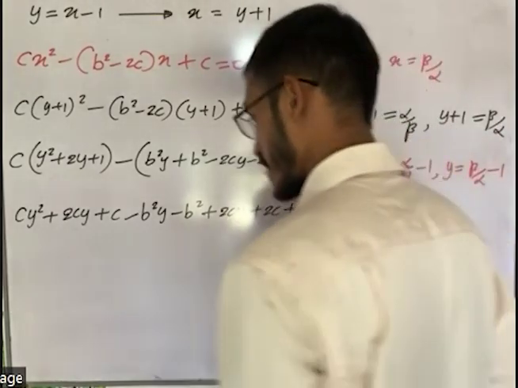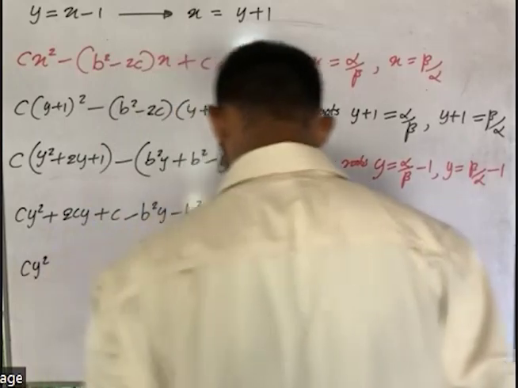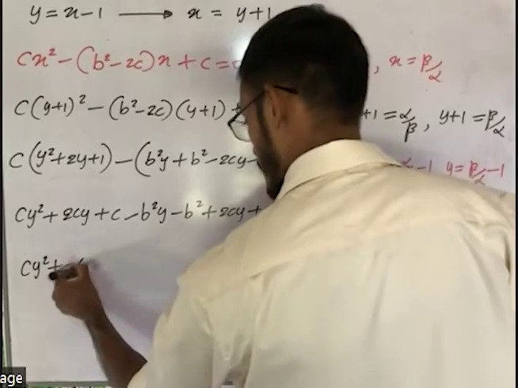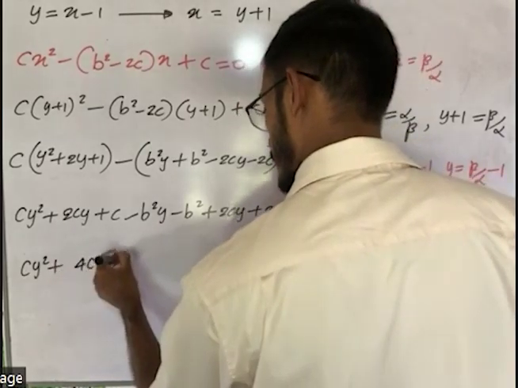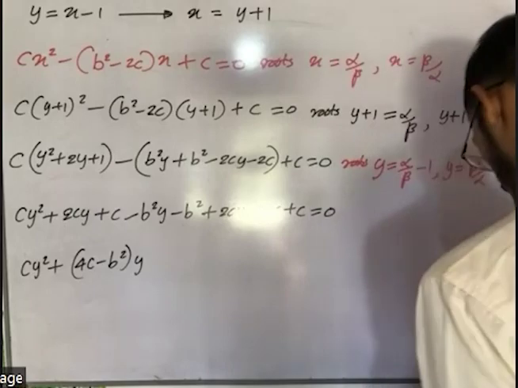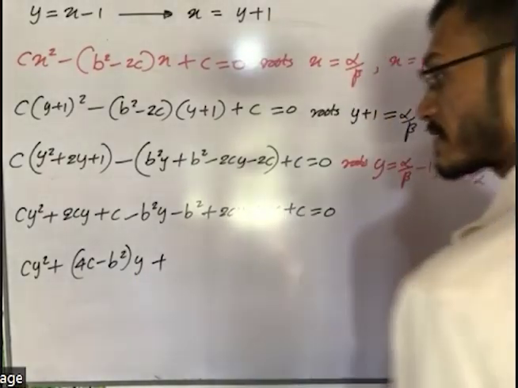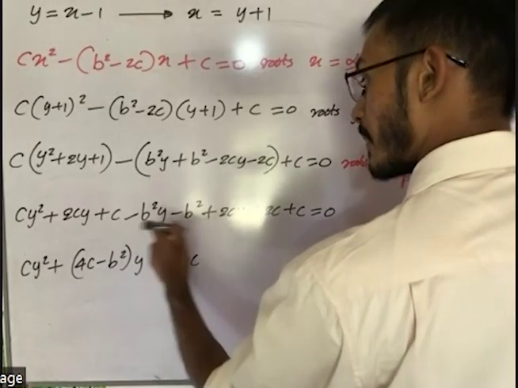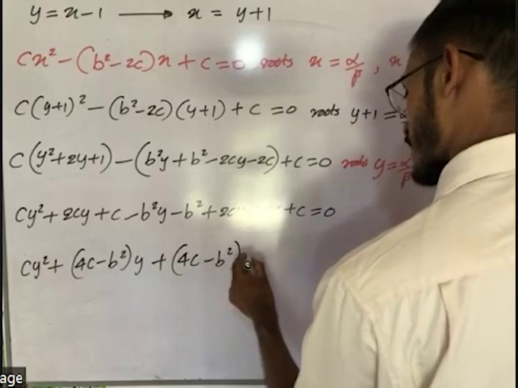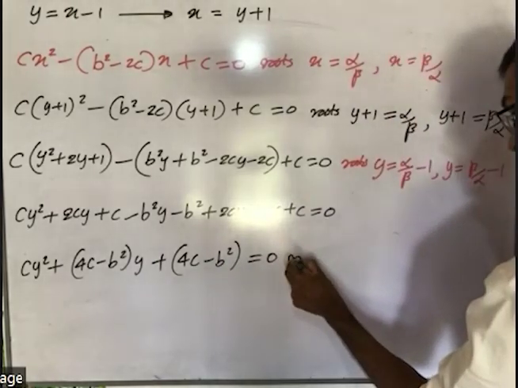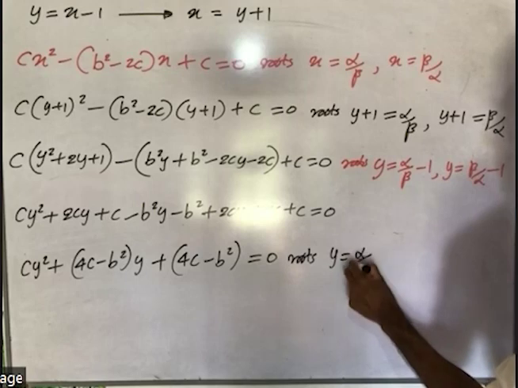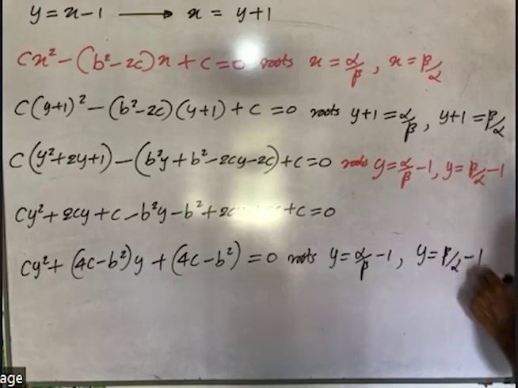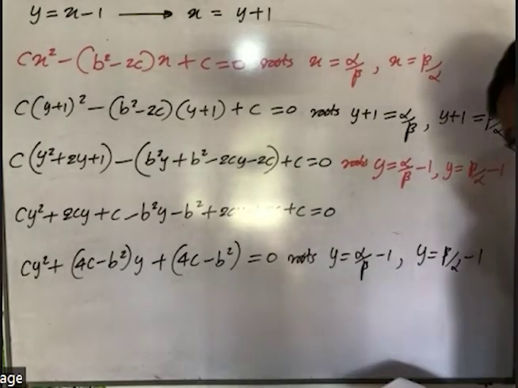If you simplify this, you will get cy square plus, here we have 2cy, that means 4cy. That means 4c minus b square y, plus constant values are 2c plus 2c plus c. That means 4c minus b square equal to 0. Here roots are y equal to alpha over beta minus 1, comma y equal to beta over alpha minus 1. Those are the two roots. Right.